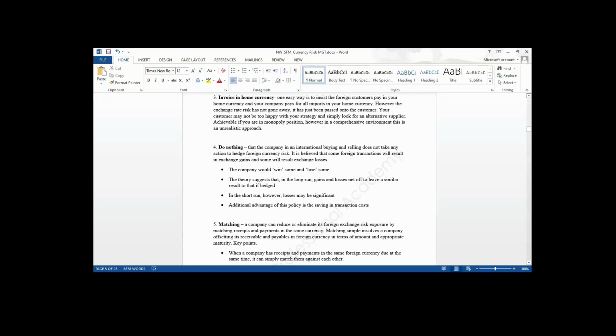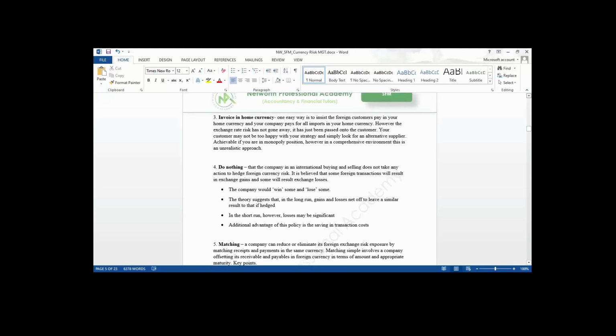Then next, invoice in home currency. You can invoice in your own domestic currency. One easy way to avoid exchange rate risk is to insist that your foreign customer pay you in your own domestic currency. If I export goods to the US, I can tell my customer in the US to pay me in naira.